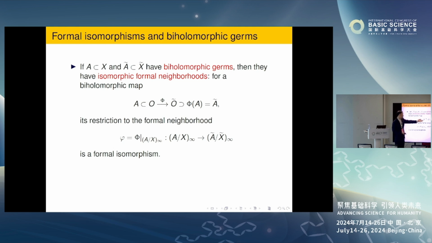Because in any finite order, it gives an isomorphism between these finite order infinitesimal neighborhoods, and they are all compatible. So biholomorphic germs give a formal isomorphism of formal neighborhoods. This is one necessary condition: for two submanifolds to have biholomorphic germs, they must have formally isomorphic formal neighborhoods.